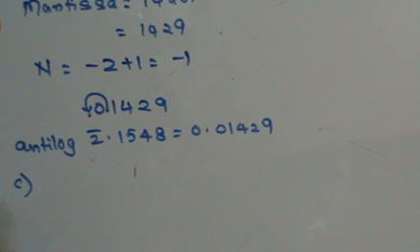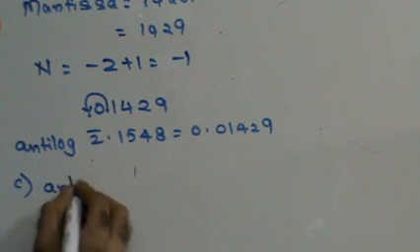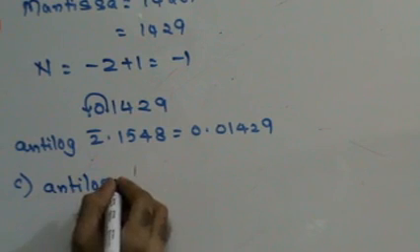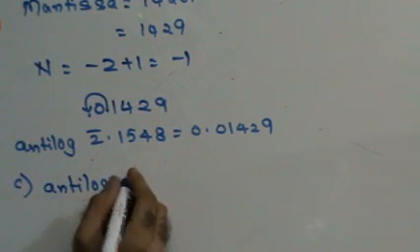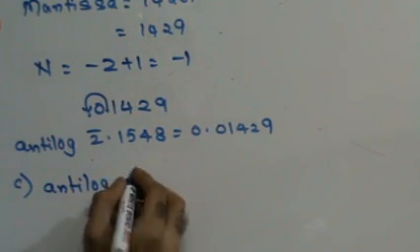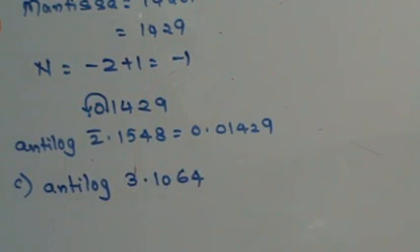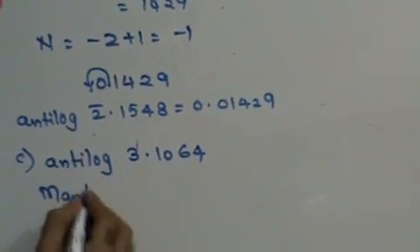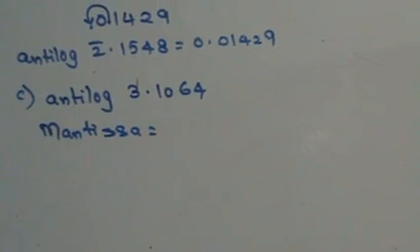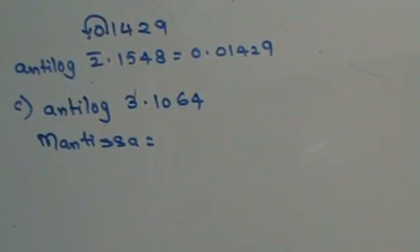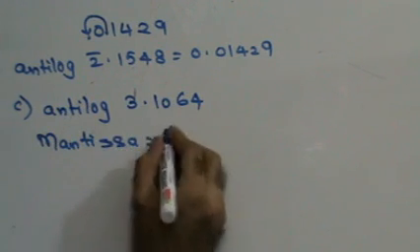Let's see another antilog. Suppose if they tell you to find out antilog of say 3.1064. Right? First thing that you have to do is find out mantissa of 1064. 106 is going to be 1276.